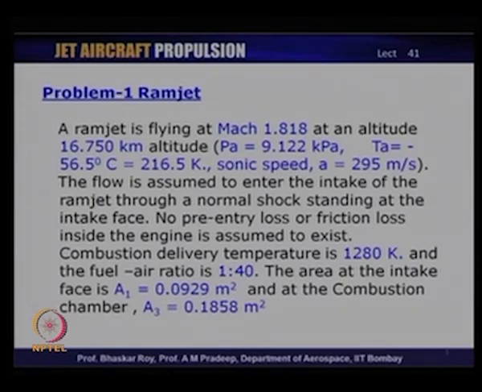The area at the intake face is given as 0.0929 meter square, and the combustion chamber area is given as 0.1858 meter square. Now, these are the prescriptions with which the ramjet engine has been created, and we are expected to find a solution to the problem of how this engine would perform under the prescribed flow conditions at Mach 1.818 at an altitude of 16.75 kilometers.